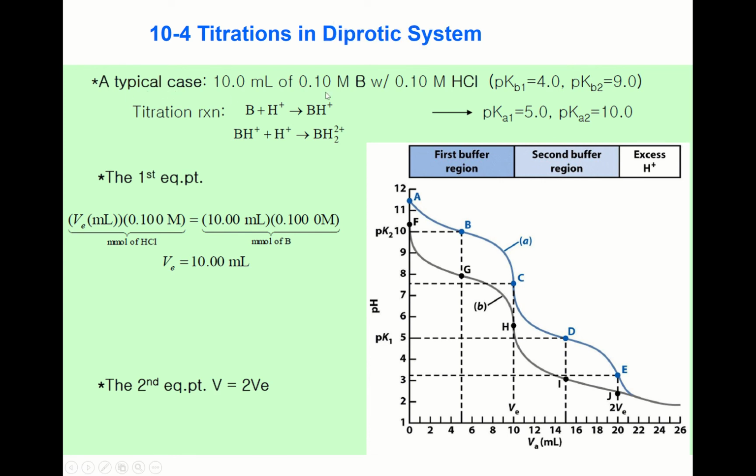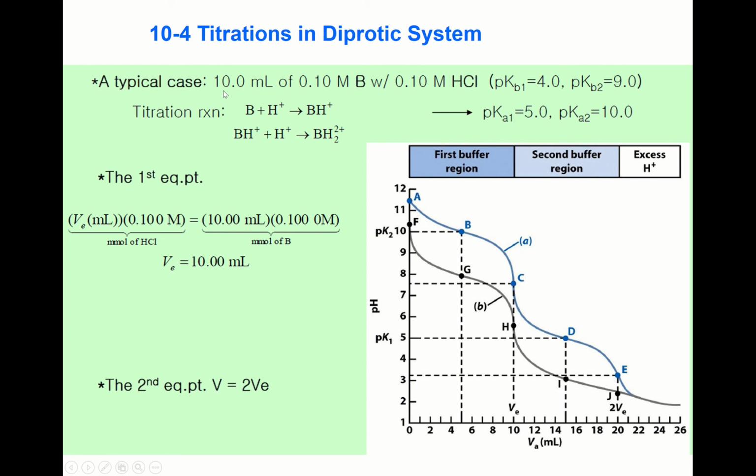Let's say this weak base B is a diprotic base, which means B reacts with protons stepwise. First, B reacts with strong acid to become BH+, and then BH+ accepts another proton to become BH2 2+. This is a very usual case.